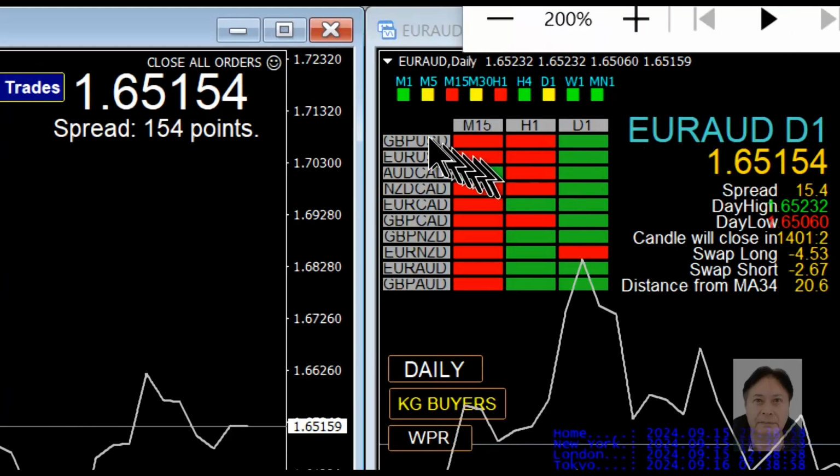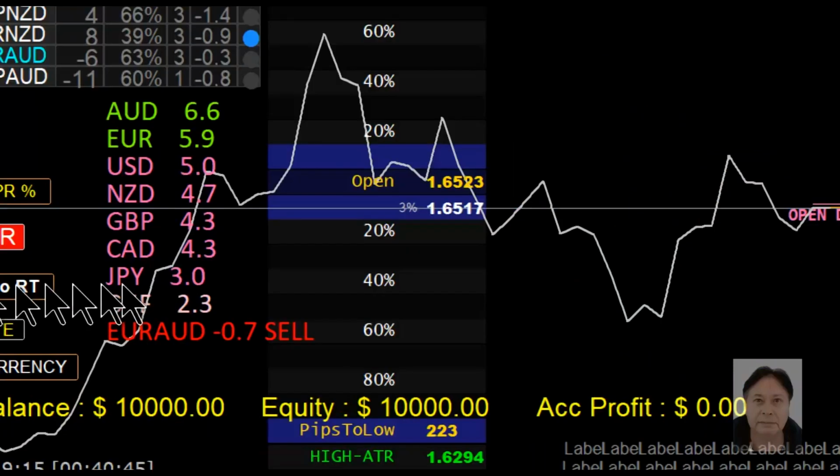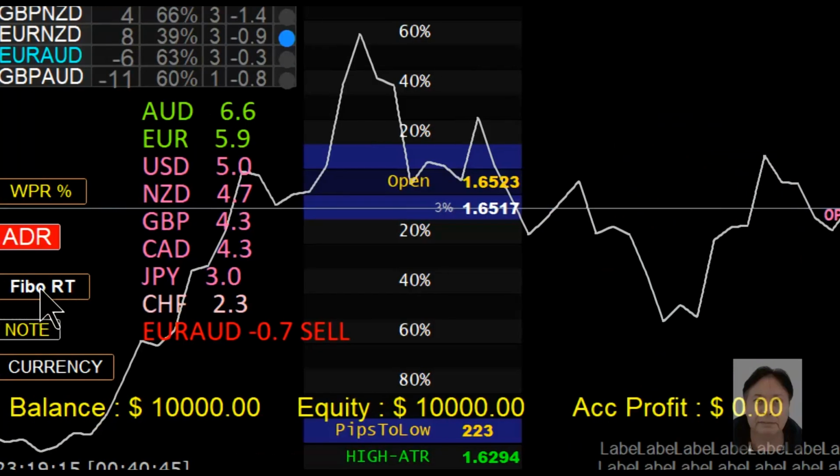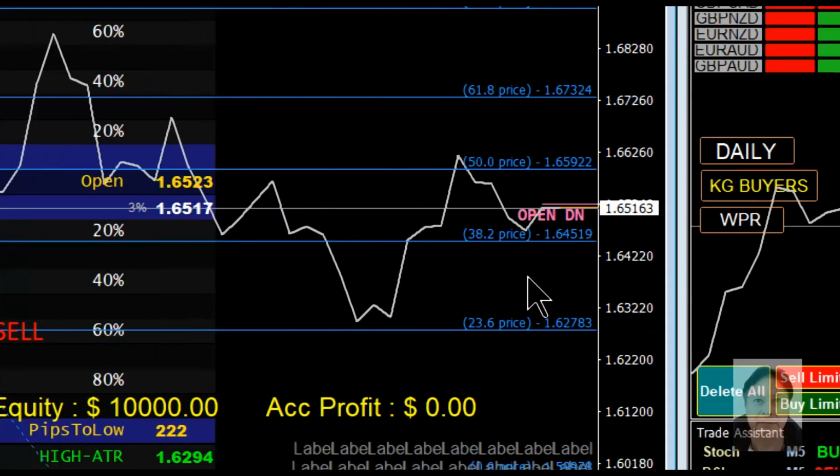As you can see here, I'm getting quite a lot of greens, a sign that you should do a buy order, and it's suggesting that we should do a sell order, because it's going down, DN, down. Okay, and the FIBO is showing us that it could actually reach this level here.